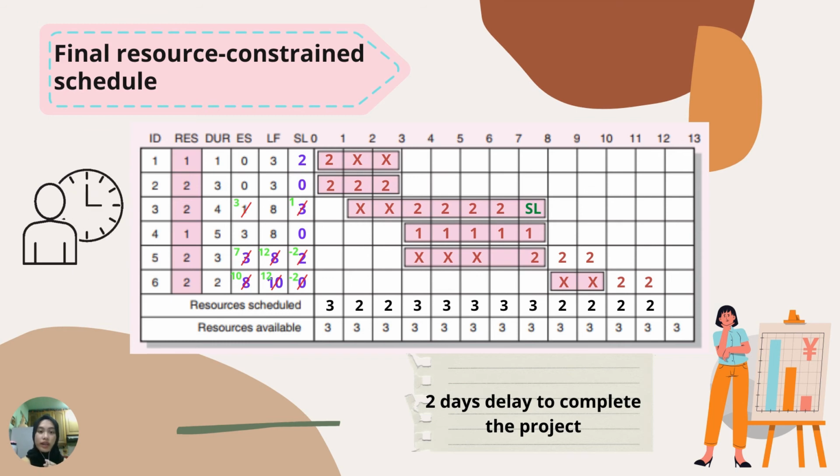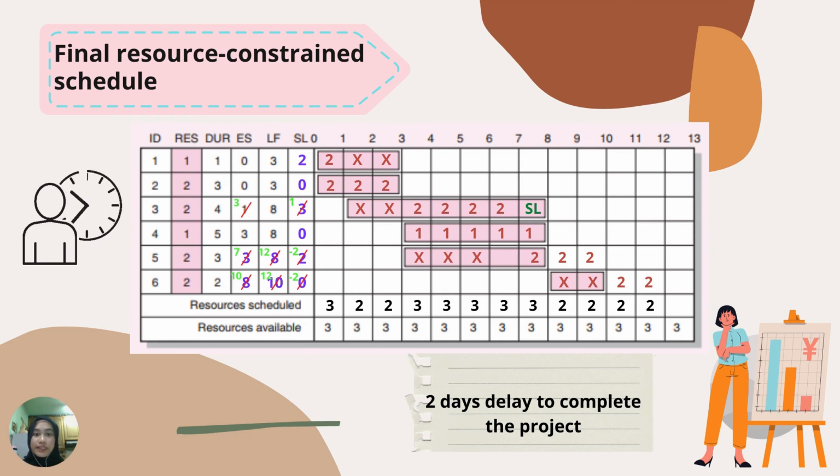The required resources needed is 4. So we will proceed with day 10 and 12. Thus, the slack number of this process will become negative 2 instead of 0, and the ES and LF numbers will be increased by 2, which are 10 and 12.